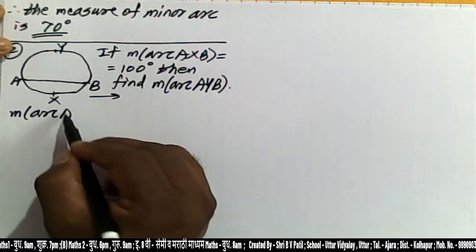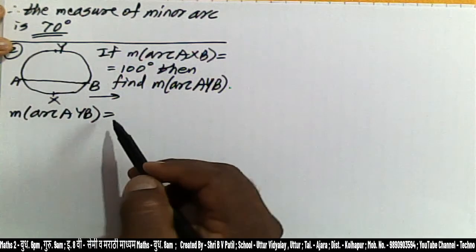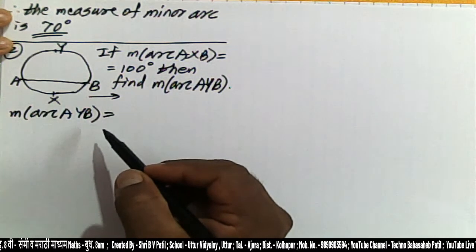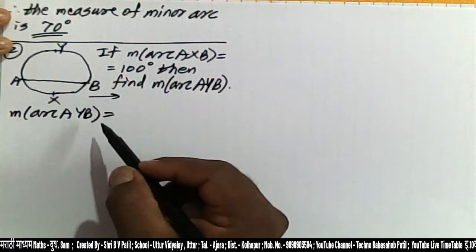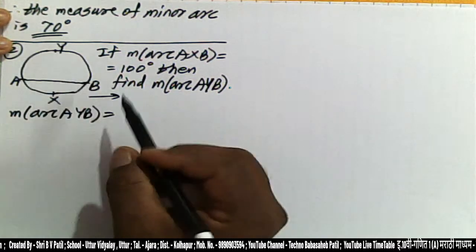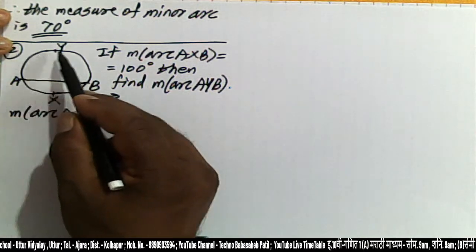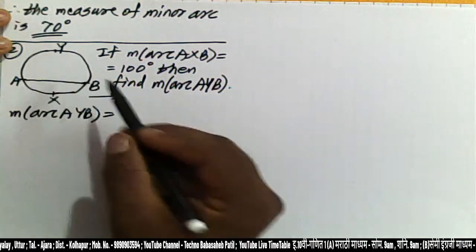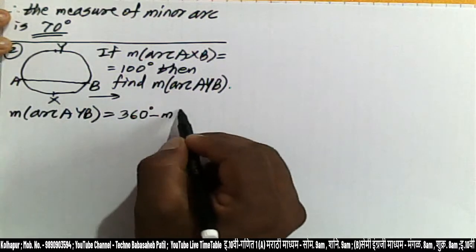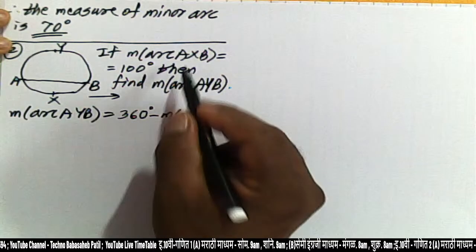Measure of arc AYB is equal to, what is the formula? Tell the formula here. Major arc and minor arc make a circle, and the circle's measurement is 360 degrees minus the measure of minor arc AXB.